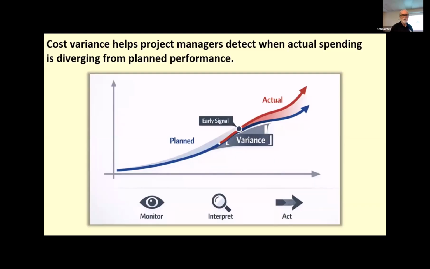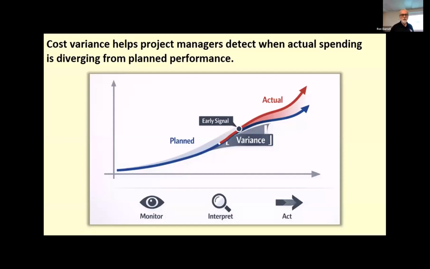You have to make that comparison to the baseline. The project may spend a large amount of money and still be performing acceptably if it's producing the expected amount of work. On the other hand, even modest spending can be problematic if the amount of completed work is lower than expected. If you're behind schedule and over budget, you're in double trouble.